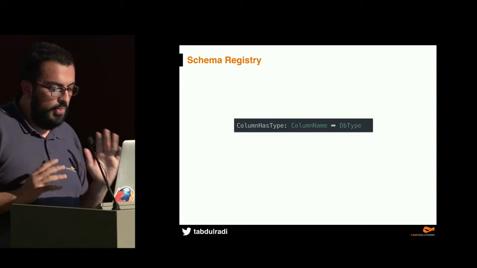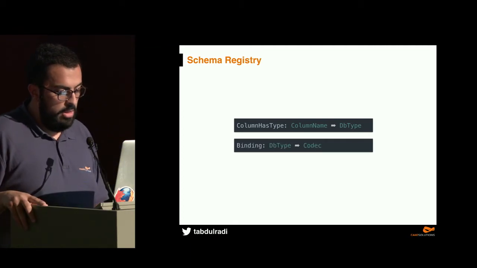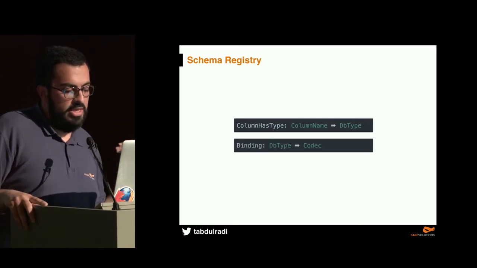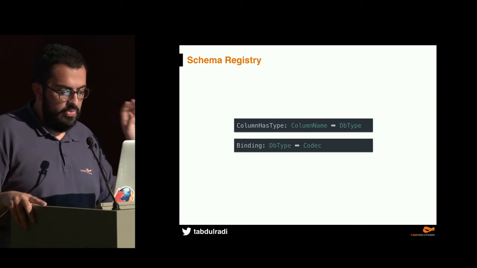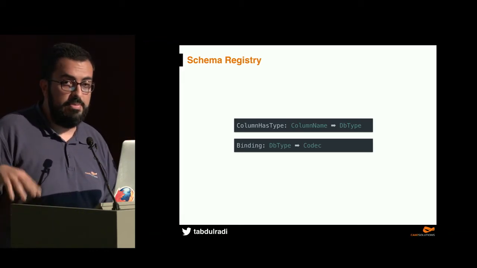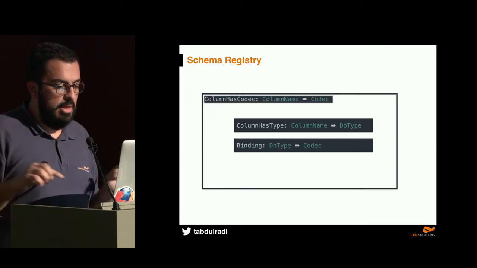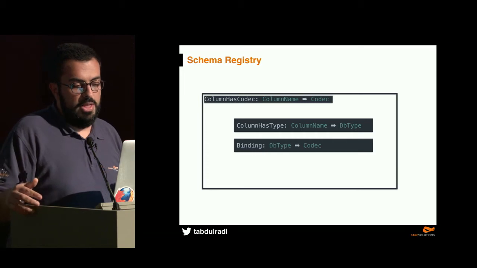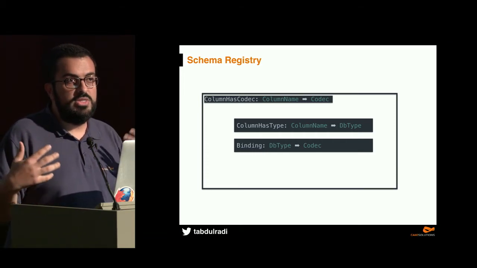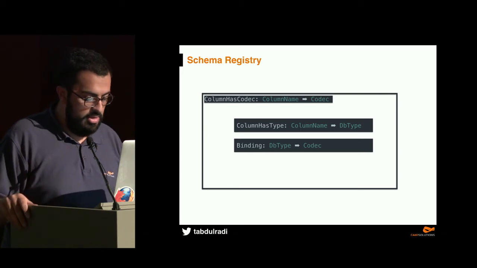Now, we have taught the compiler to go from column names to DB type. We have already written a type class called Binding that allows the compiler to go from DB type to the codec. We could simply wrap these up, define another type class that composes these together and goes from column name to codec directly.